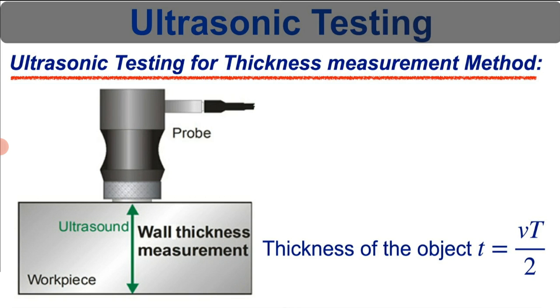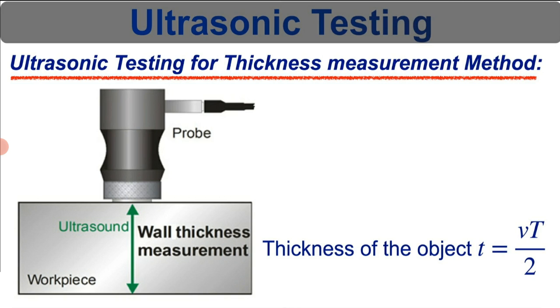These ultrasonic waves travel through the piece and are reflected from the opposite surface. The same transducer receives the reflected signal and converts it to an electrical pulse. And then how to calculate thickness? Thickness is equal to velocity of sound in the material into time divided by 2.